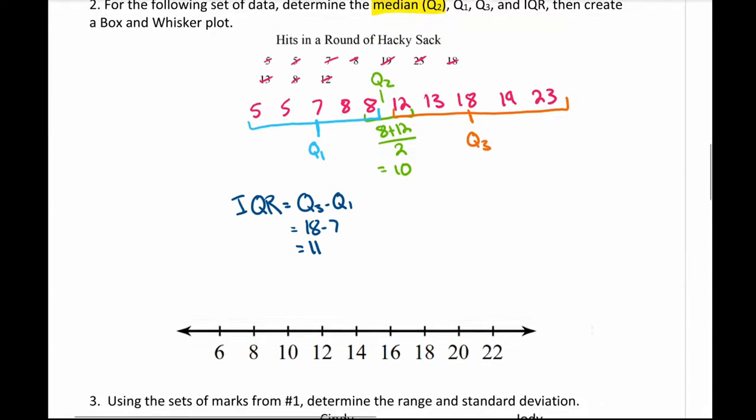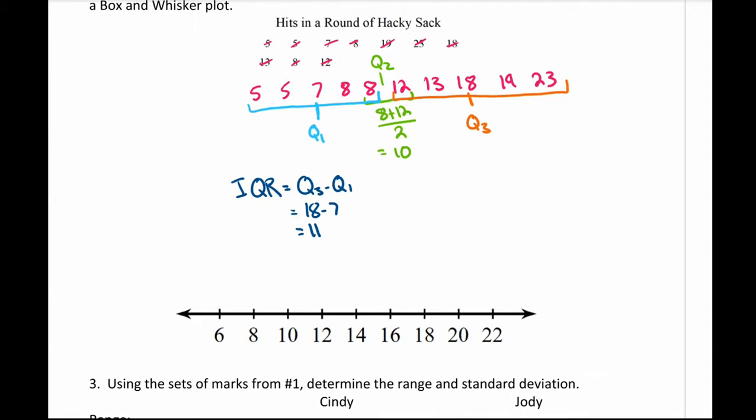To create your box and whisker plot, you need to have 3 lines first to create your box. So you have 7, which represents your Q1. You're going to have 10, which is your Q2. And you're going to have 18, which is your Q3. If we connect those lines, that forms your box.